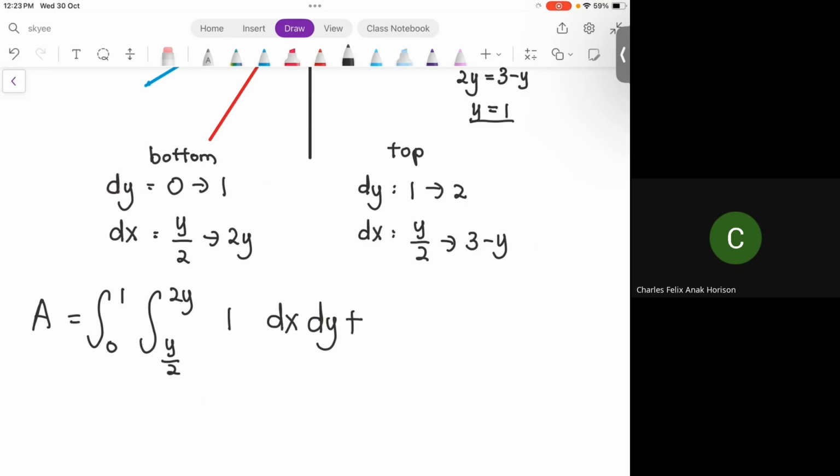And then plus, for the region at the top, 1 to 2, number put outside, variable put inside, the middle will be 1. Variable representing the dx interval, number representing the dy interval. Just plug them in this way.